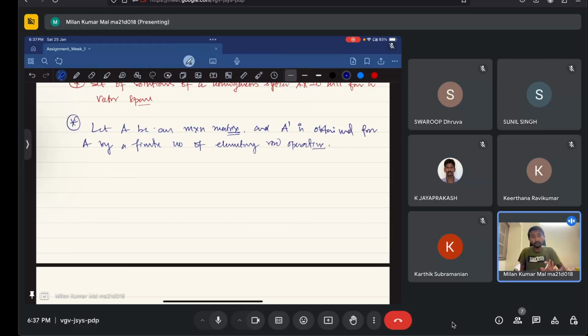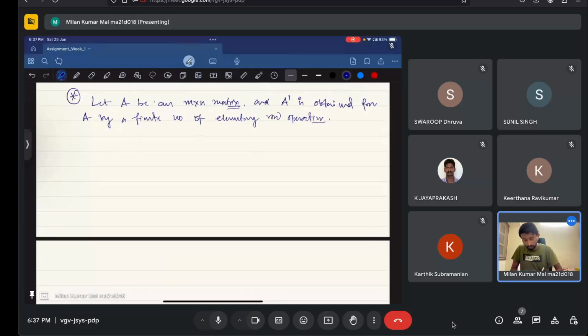So what is happening when we do an elementary row operation?